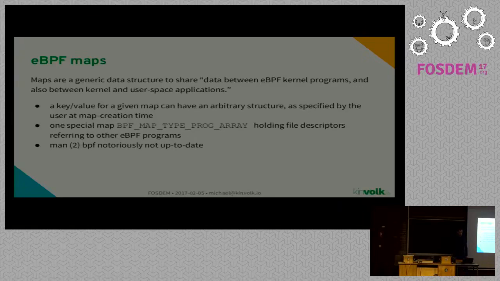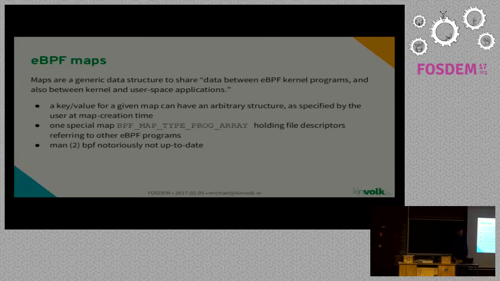And there's one special map. It's called prog array. This is sort of a lookup table in the eBPF system, which contains entries to other BPF functions. So if you want to replace your currently running eBPF program with another one, you could look one up there and call it.